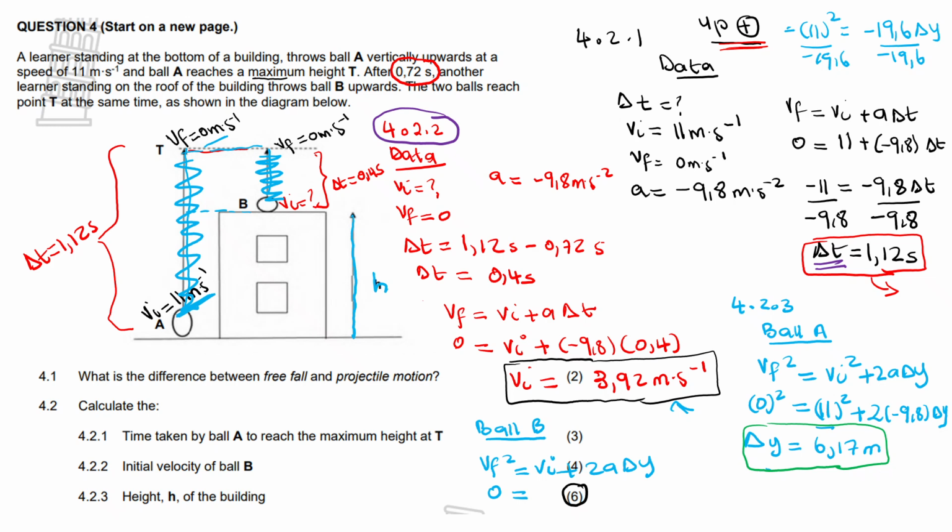So this will be equal to 3.92 squared plus 2 into negative 9.8 delta y. So we just have to isolate the 3.92 squared to the other side and divide it by negative 19.6. Then this gives us delta y equals, let me also put this on the calculator. Please make sure that you pause the lesson, punch that on the calculator, and on my side I have my answer as 0.78.